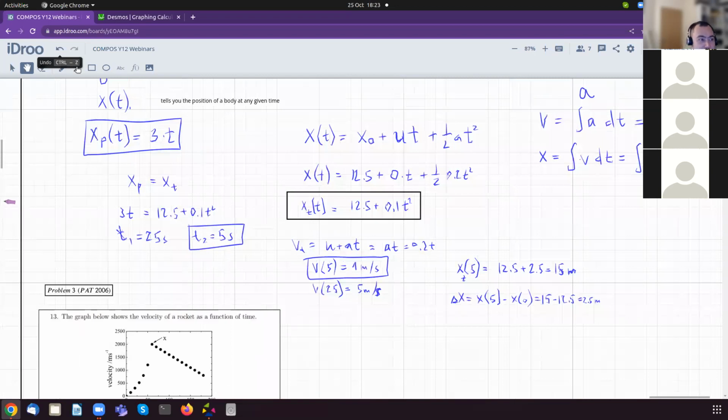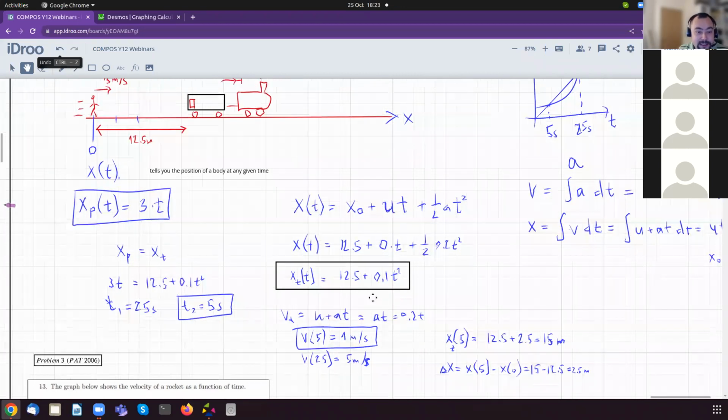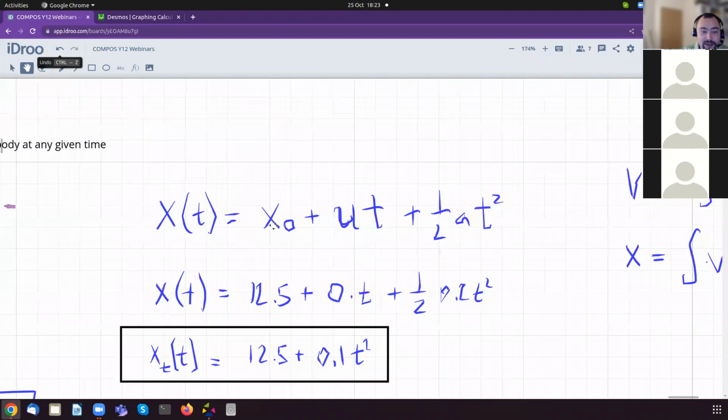I just really want to point out that this is a huge deal, like this equation of motion. Keep in mind whenever you're asked to find the equation of motion, it is this. And this equation of motion is a Suvat equation, because the Suvat equation is s equals ut plus 1/2 at squared.